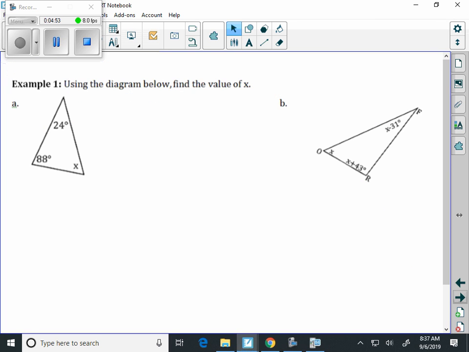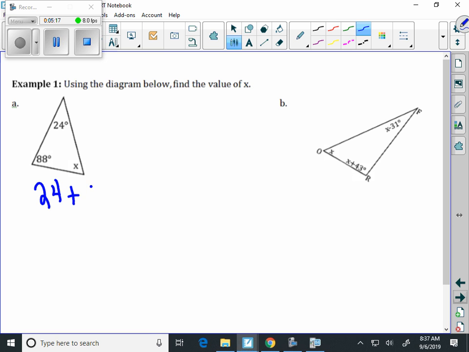But now we're going to use our algebra skills to come up with some values of x. You might want a calculator, you might want Desmos. When we set this up here on letter A, once again, any triangle has 180 degrees. That's our angle sum theorem. So 24 plus 88 plus x is 180.